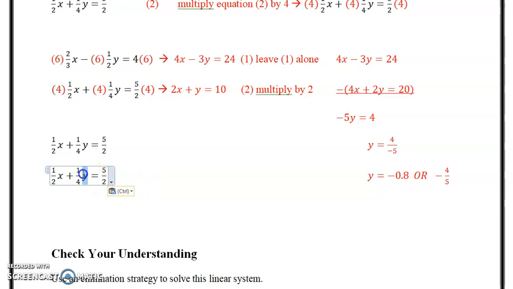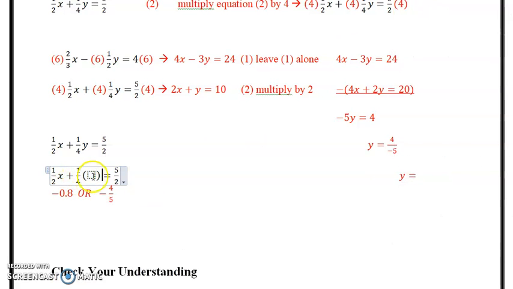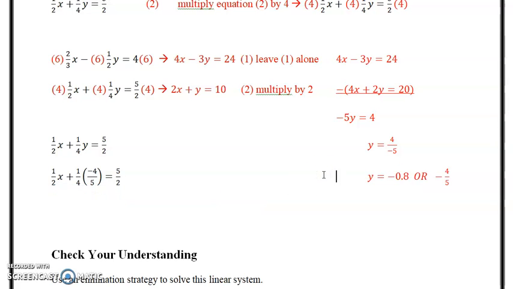You could use the decimal if you want, but I like to deal with fractions, so we're going to do some fraction work here. So everywhere we see y, we put in negative 4/5. Let's clean this up a bit.